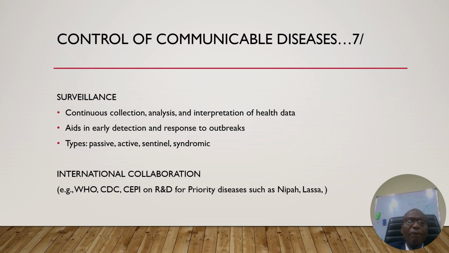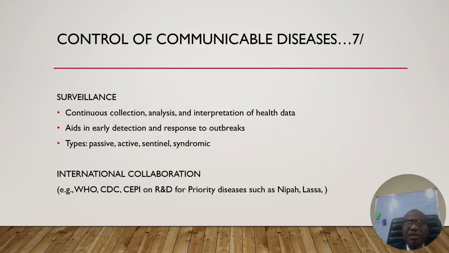Another strategy for controlling communicable diseases is international cooperation and collaboration. For example, there has been a lot of collaboration between WHO and CEPI. CEPI is the Coalition for Epidemic Preparedness Innovations.